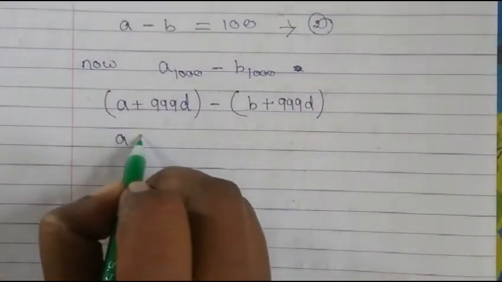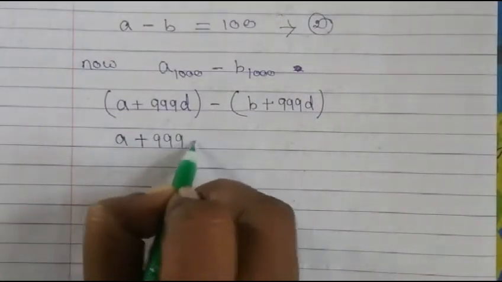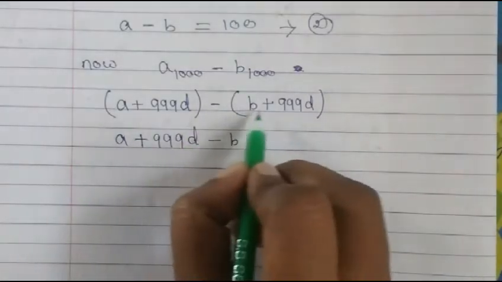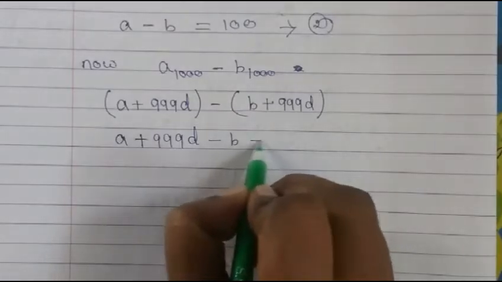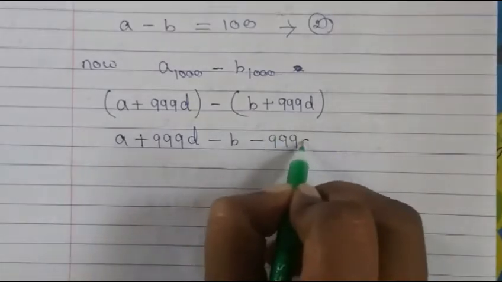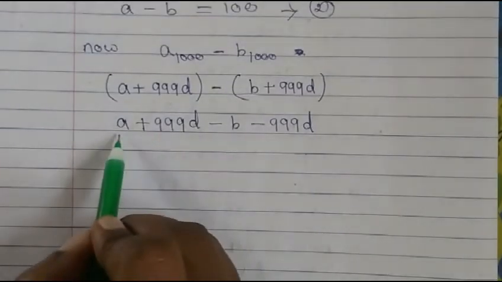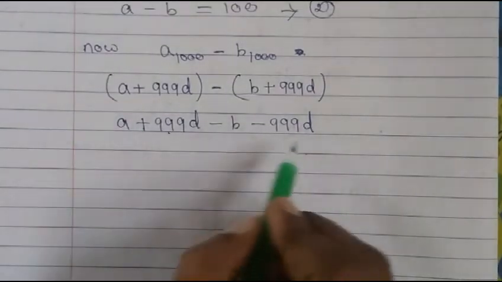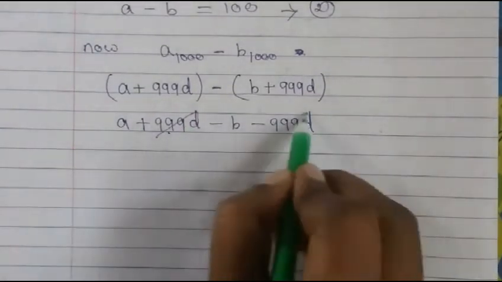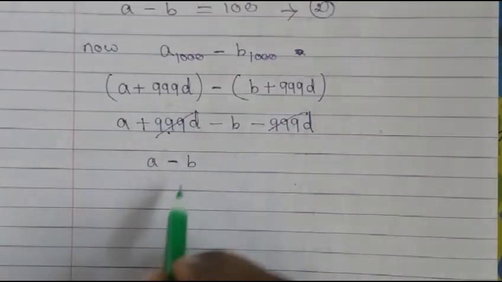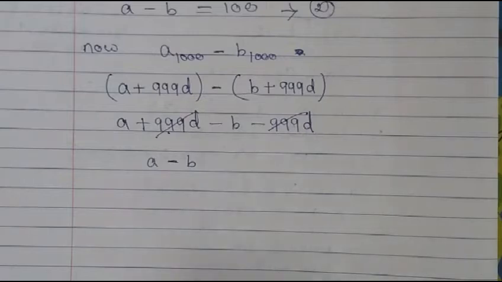A plus 999d minus b, then minus into plus will give us minus 999d. So plus 999d minus 999d gets cancelled, so we have a minus b. Now this a minus b is what?